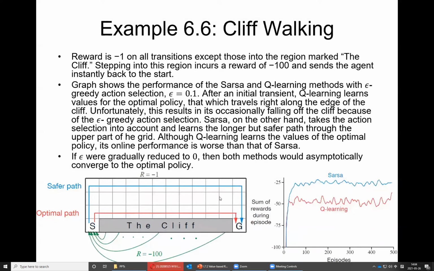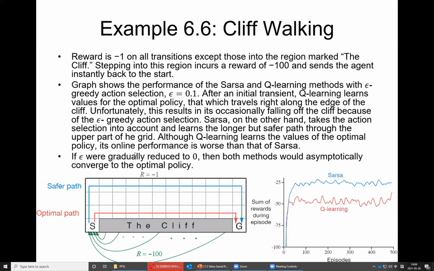So during the episodes, Sarsa will have a higher sum of rewards during the online learning. Sarsa has a higher average reward.